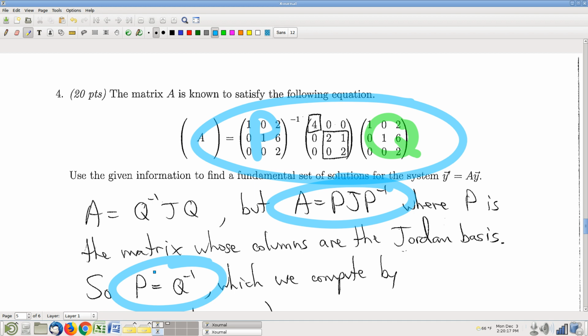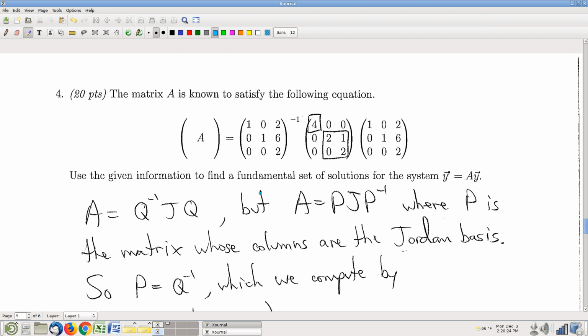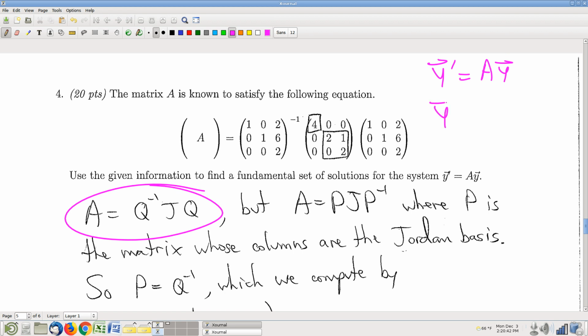Pretty good? Okay. Alternatively, if this whole business seems mysterious to you, feel free to do as follows. You can just take A equals Q inverse JQ, as written, and do the attempted decoupling again on your own. So if you have Y prime equals AY, then rewrite this as Y prime equals Q inverse JQ Y. Move this to the other side.